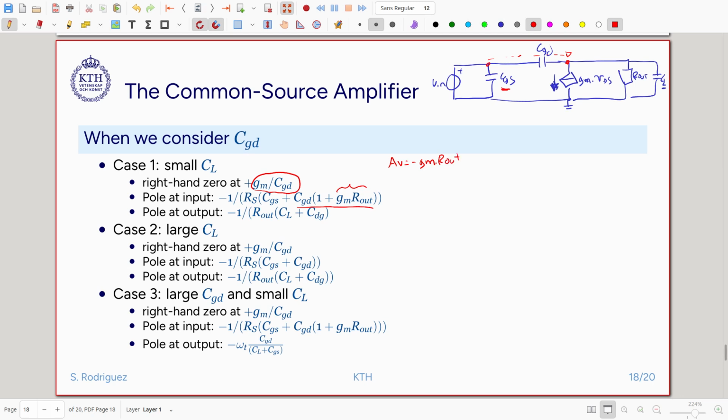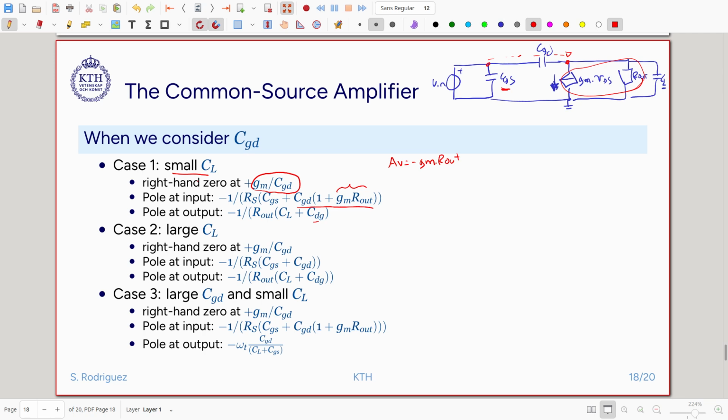The low frequency gain depends on the transconductance and the resistance. The pole at the output will depend on CL. The capacitance doesn't have any Miller effect, so it goes directly here, and that will be the positions of the two poles. That is for small CL. Now, what happens when we have a large CL?